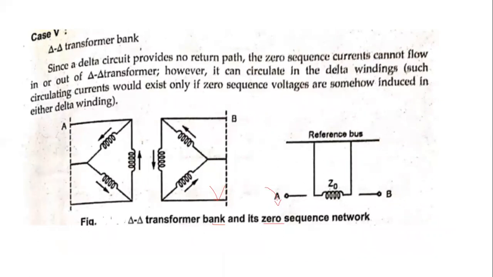If the windings are connected in delta delta, the equivalent zero sequence network is like this. Remember that.